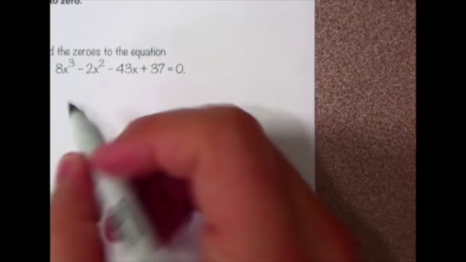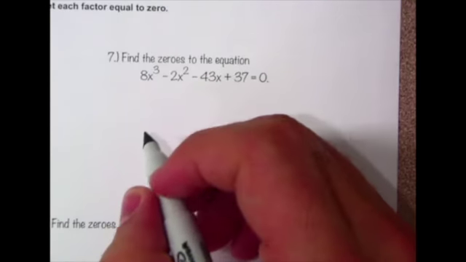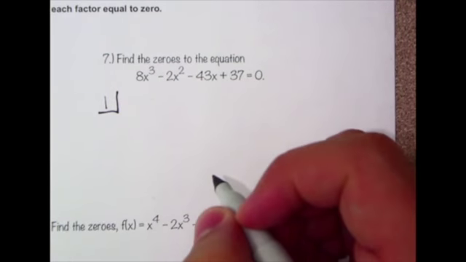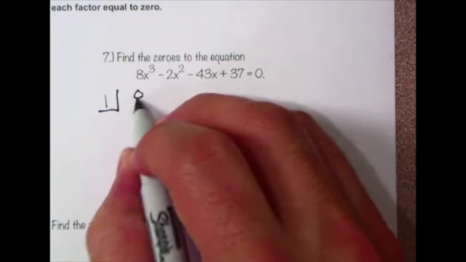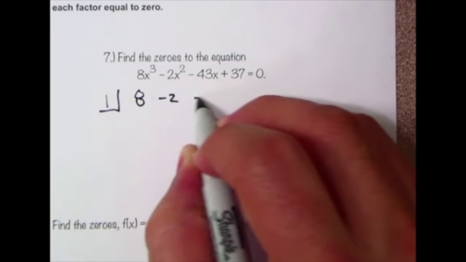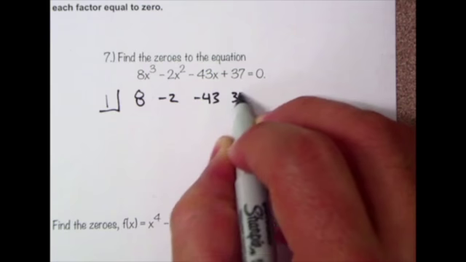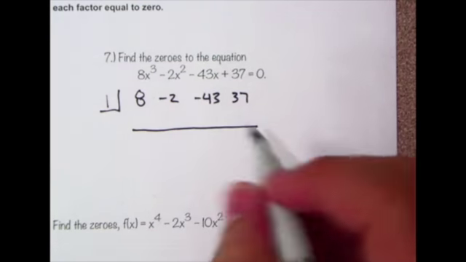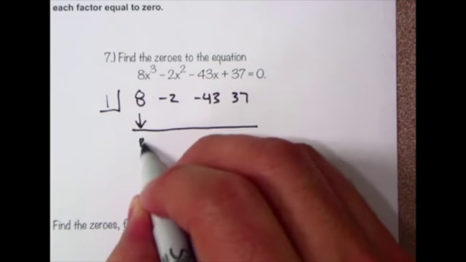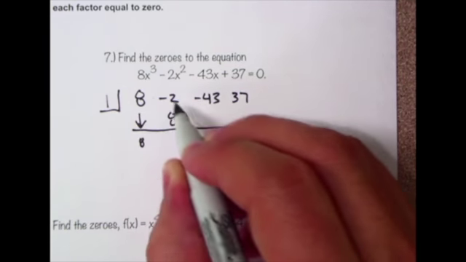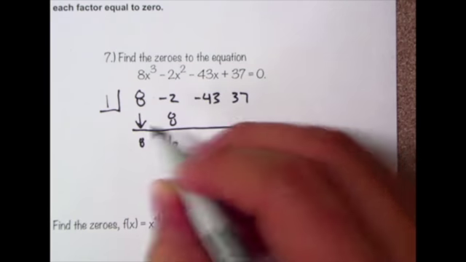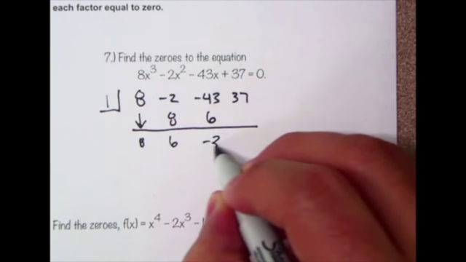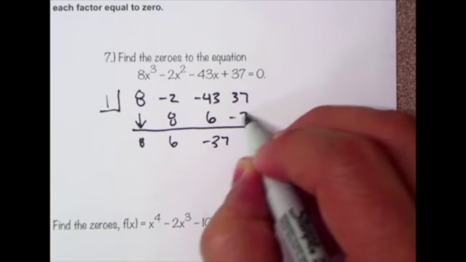So here's what I do. Step 1, I found a whole number solution, so I'm going to use it. I place 1 in synthetic division. Bring the numbers down of 8, -2, -43, 37, and I'm going to run synthetic division. First number comes down, so 8 times 1 is 8, -2 and 8 is 6, 6 times 1 is 6, -43 and 6 is -37, -37 times 1 is -37.